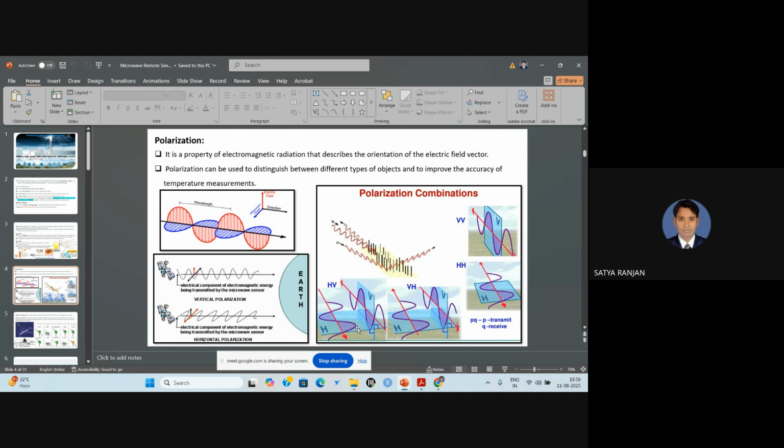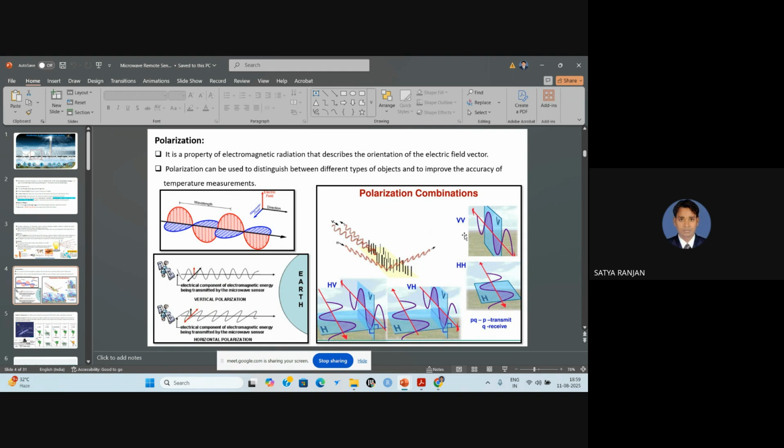Incoming is horizontal, then backscatter is vertical. Likewise VH is incoming vertical, then backscatter horizontal. The first letter is the incident, and the second letter is the backscatter.